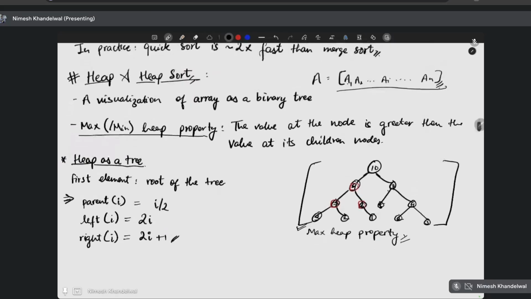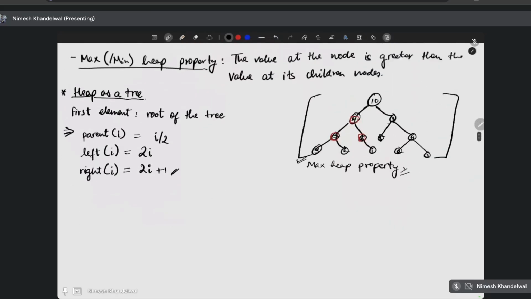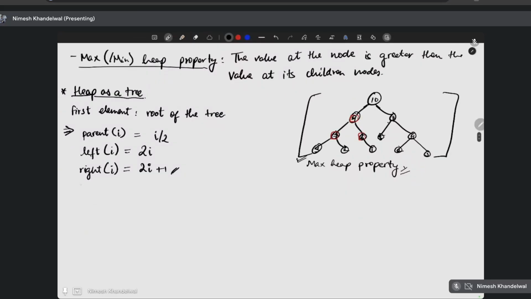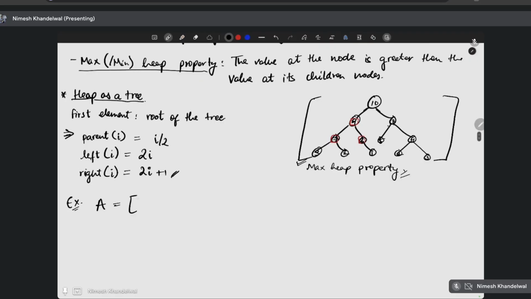So let's draw the heap or the tree, the binary tree for this array: 2, 4, 7, 10, 9, 8, 6, 5.